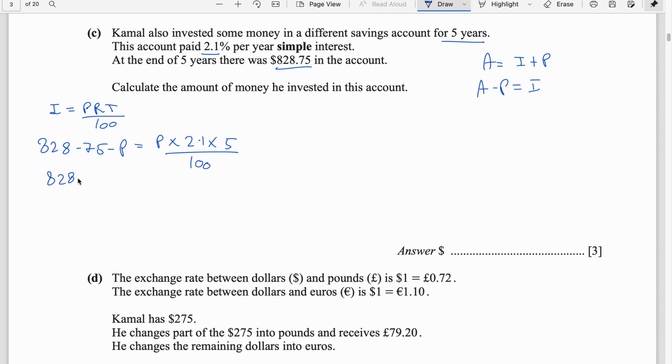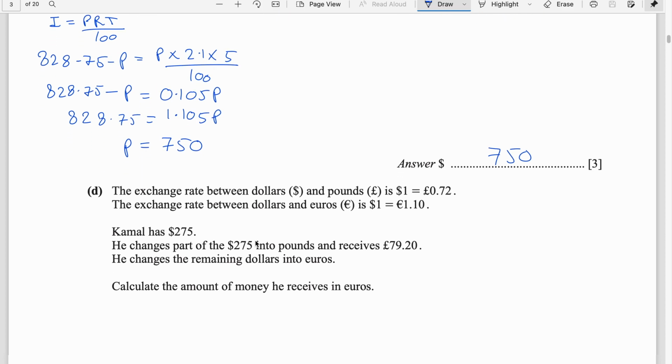So 828.75 minus P is equal to 0.105 P. Take this P to the other side. 828.75 is equal to, when you add 1 to it, 1.105 P. Divide by 1.105 and P is 750. So he invested 750, which turned to 828.75 after 5 years.